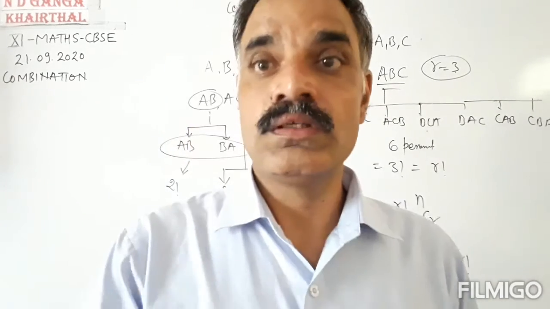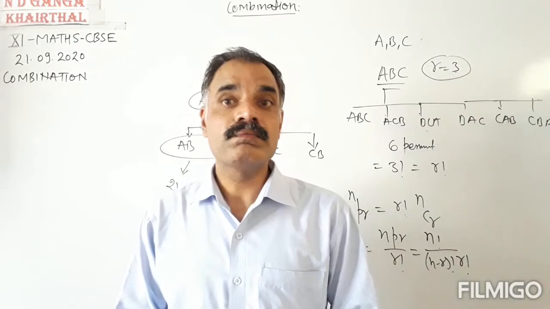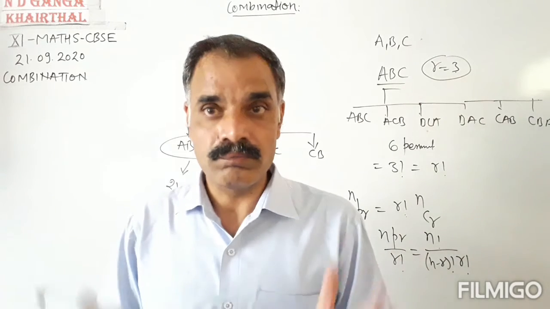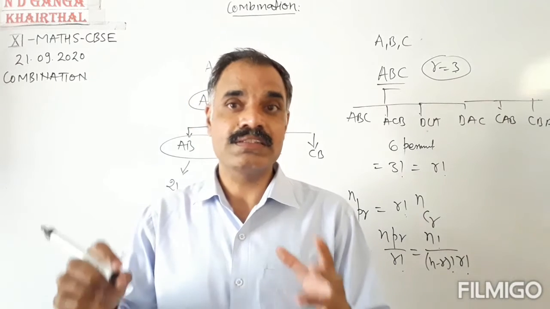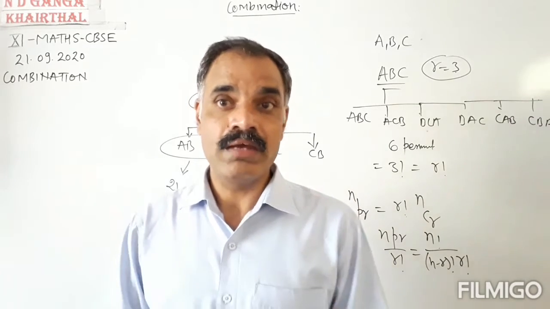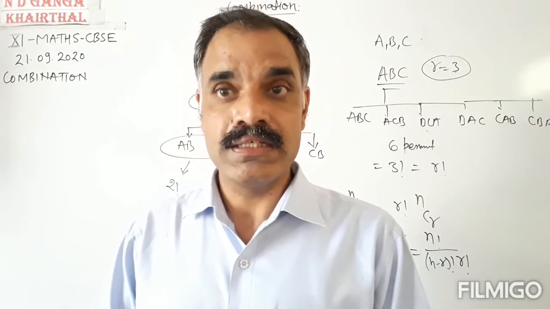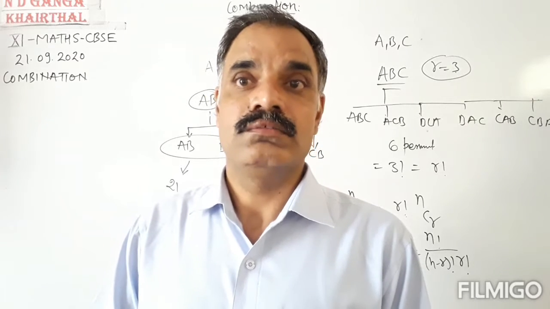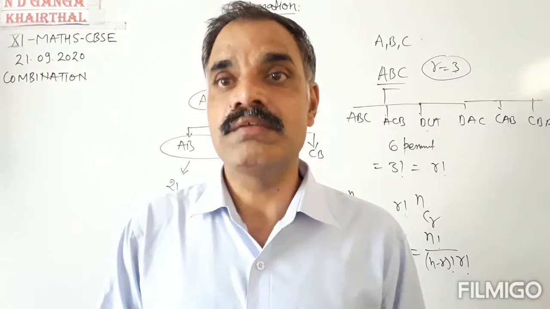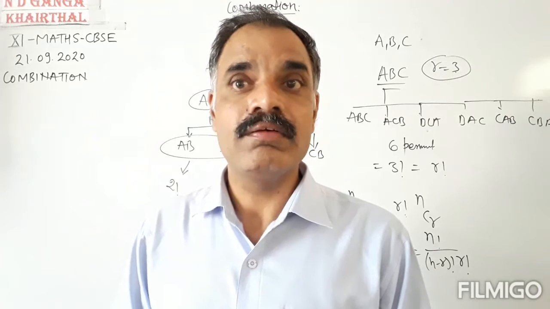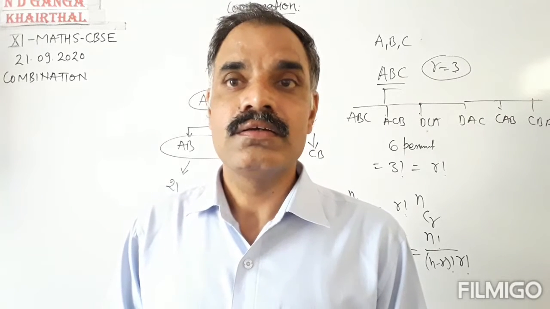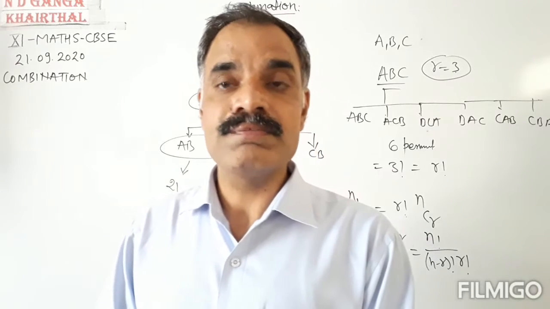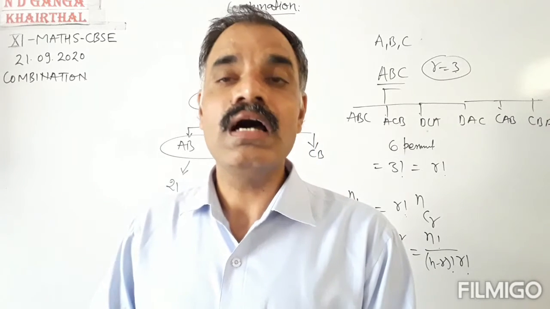Okay, so the number of permutations is more than the number of combinations under the same condition. Same condition means we have been given the same number of objects, that is n, and we are selecting or arranging r objects out of these given objects. So we will have more permutations than combinations, factorial r times more.